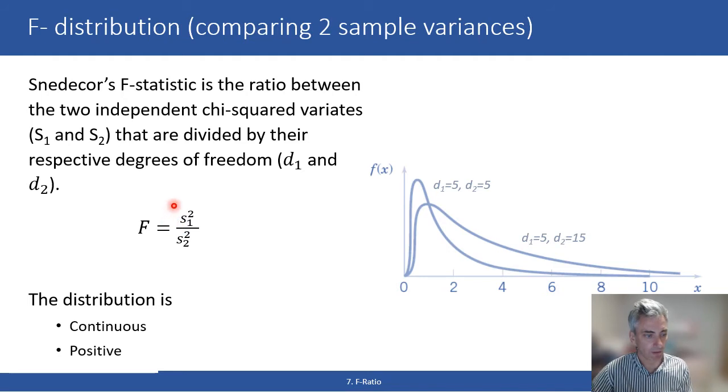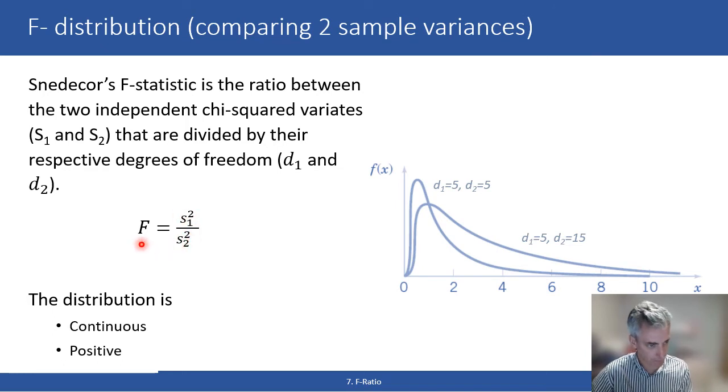So we would draw a sample from the first manufacturing process. Then we modify the manufacturing process, create new samples, and take a sample of those. And then we compare the variances of the two samples to see if they're different.